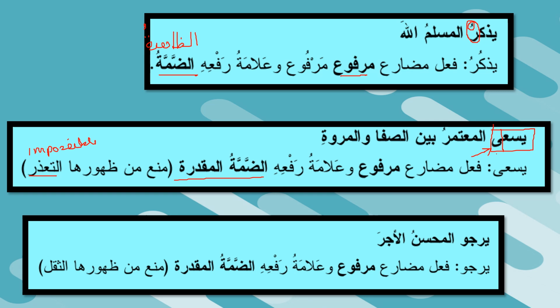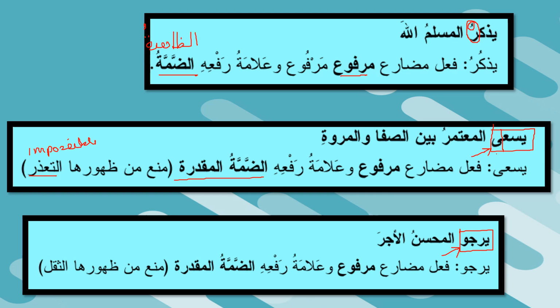So yarju al-muhsinu al-ajra. It's a simple jumla failure, but our fail mudare is yarju. Yarju means he hopes for ajr; al-muhsin means the one who does good. He hopes for a reward. So yarju is a fail mudare, and at the end we have the weak letter waw.